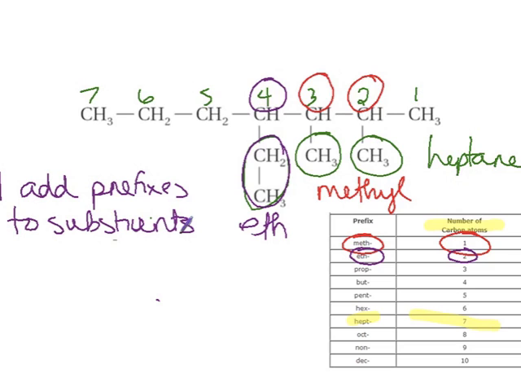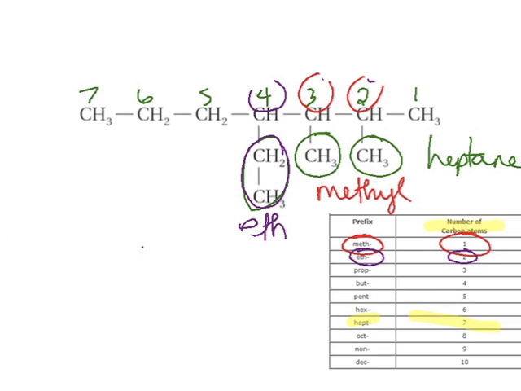So for instance, I have 2 methyls. So this is going to be dimethyl. I only have one ethyl, so I'm not going to add mono. We don't usually add the 1 to anything really when we're talking about chemistry. Step 4 was to add prefixes. We don't usually add mono. We don't add one to anything in chemistry, pretty much.